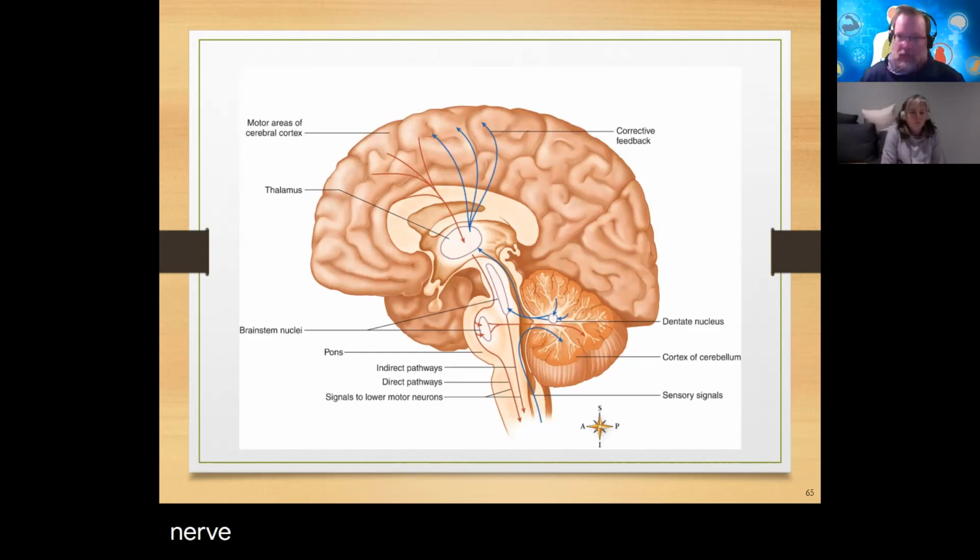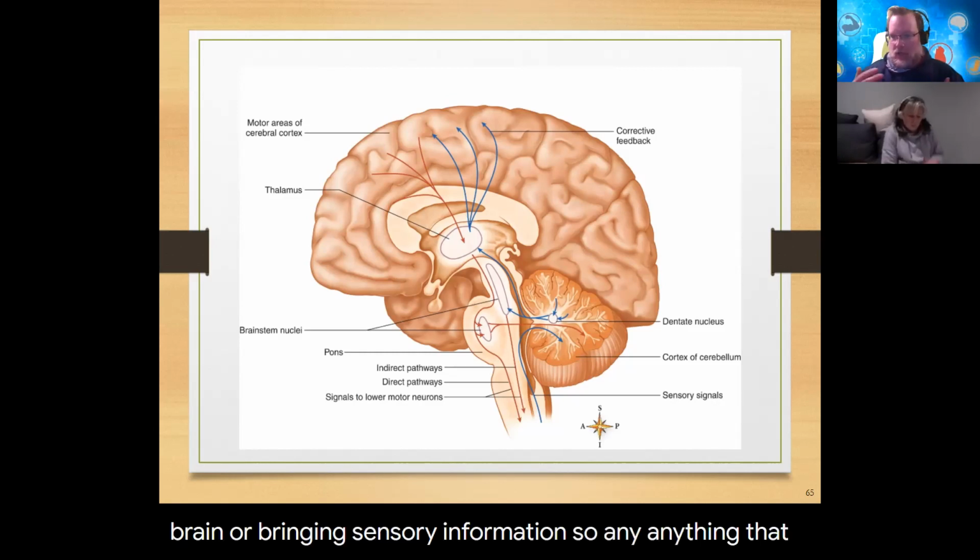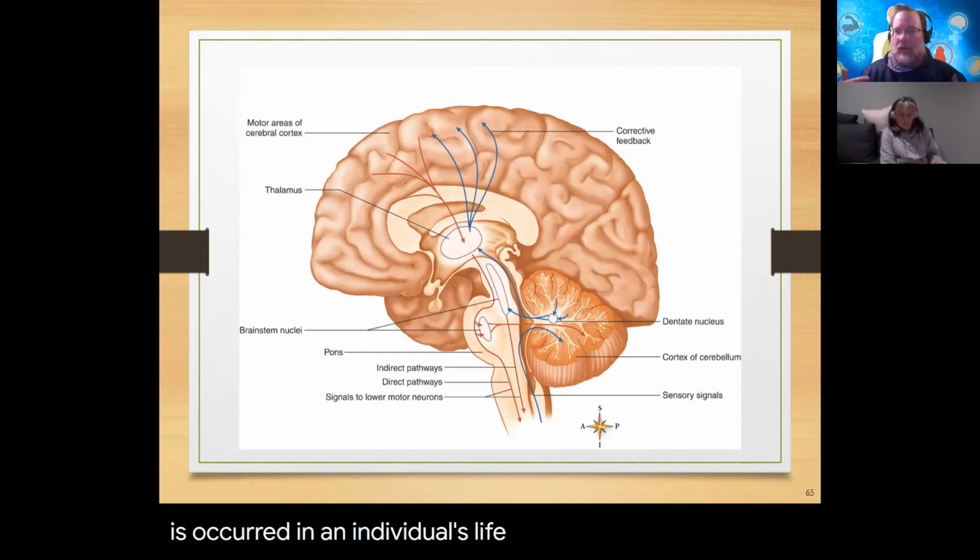All the nerves coming into the spinal cord, or to the brain, are bringing sensory information. So anything that has occurred in an individual's life has the potential to have a memory, and to have an emotion attached to it, and to have physical attached to all of that.